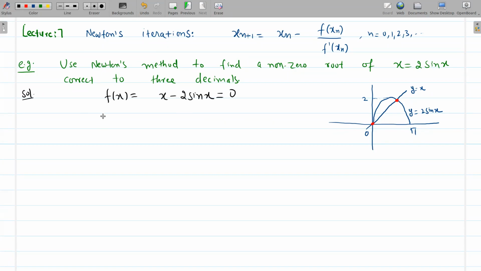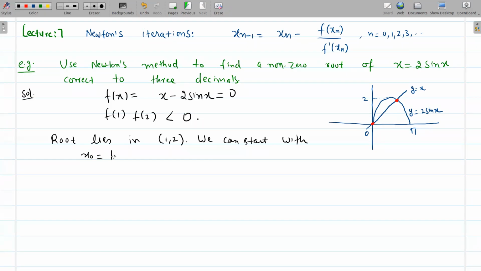More precisely, you can check that this function changes its sign between 1 and 2. The answer is 1.89. So the root lies between 1 and 2, and we can start with any point. Let us start with 1.1.